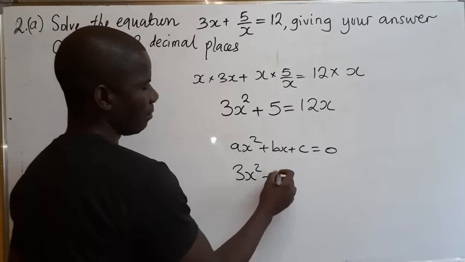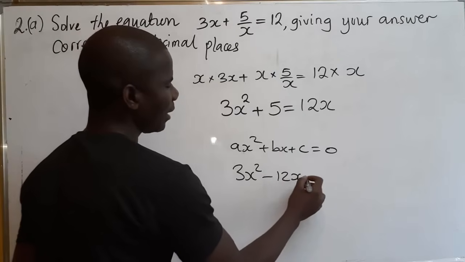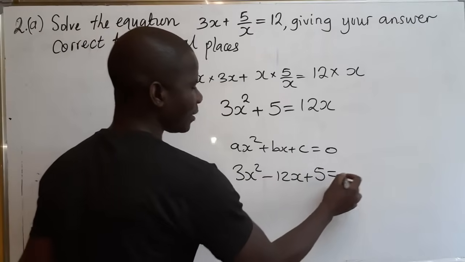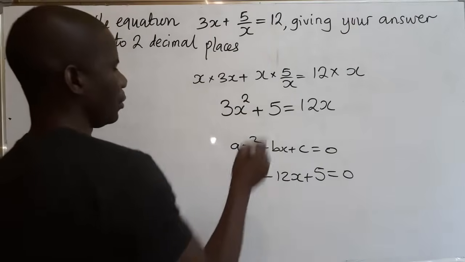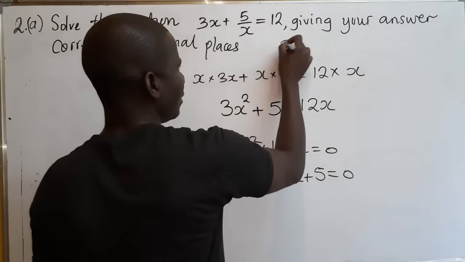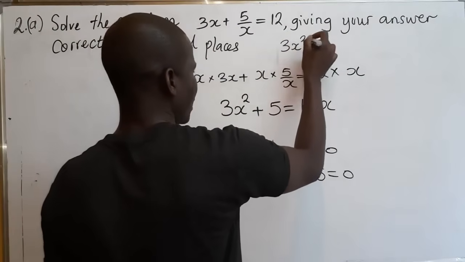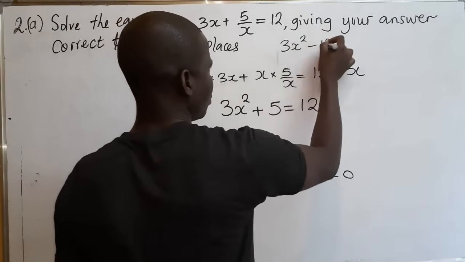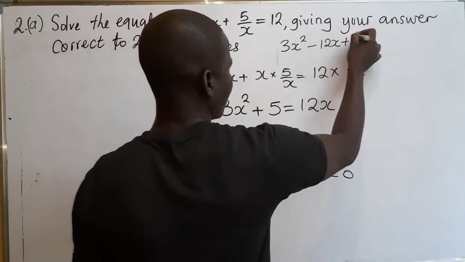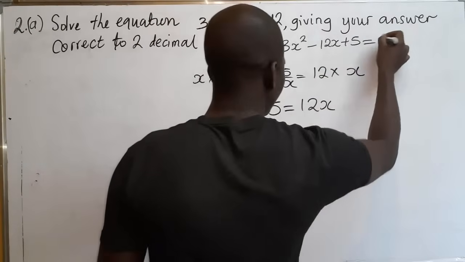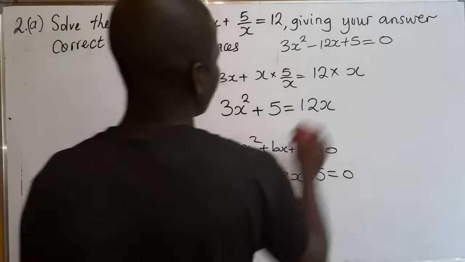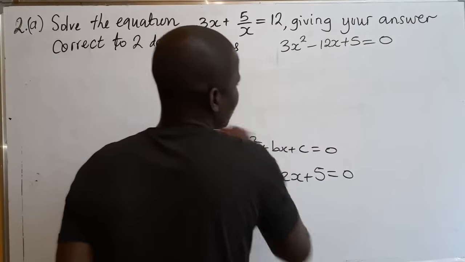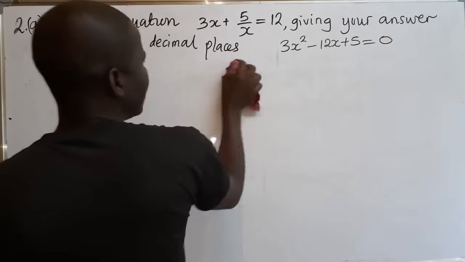So it will be a minus 12x plus 5 is equals to 0. So we have 3x squared minus 12x plus 5 is equals to 0. So that's the equation that we are dealing with now. So take note of that.